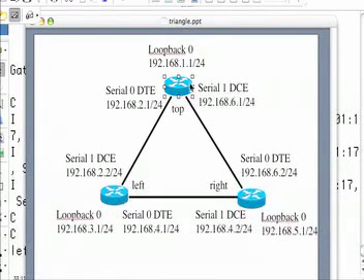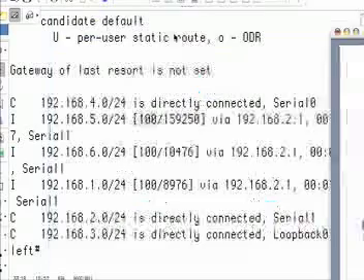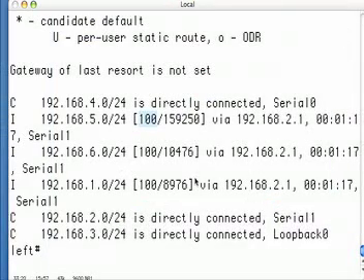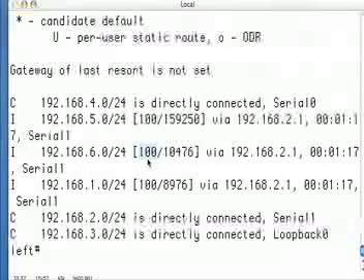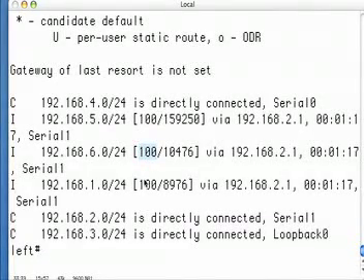Let's get IGRP working on this link here. Now the left router is already configured with IGRP, so let's go ahead and configure IGRP on the right router. One comment on this route table here: all 3 routes have an administrative distance of 100 because IGRP has an administrative distance of 100.